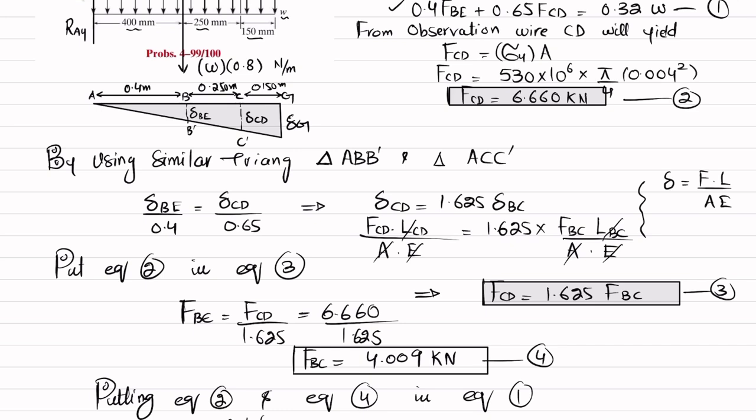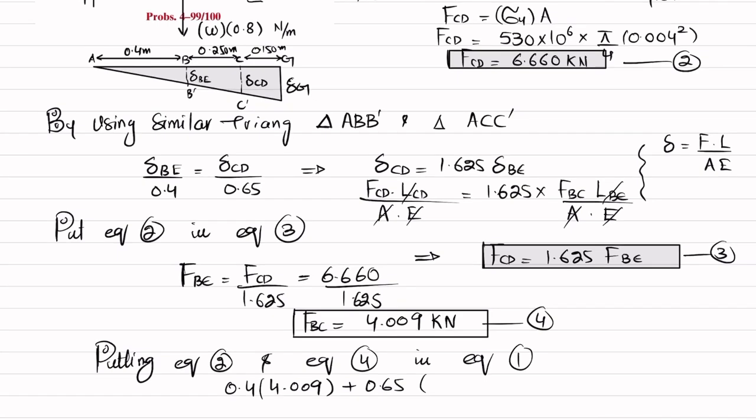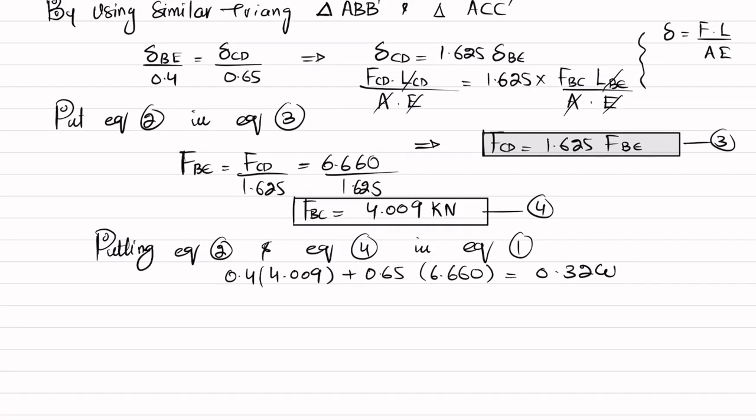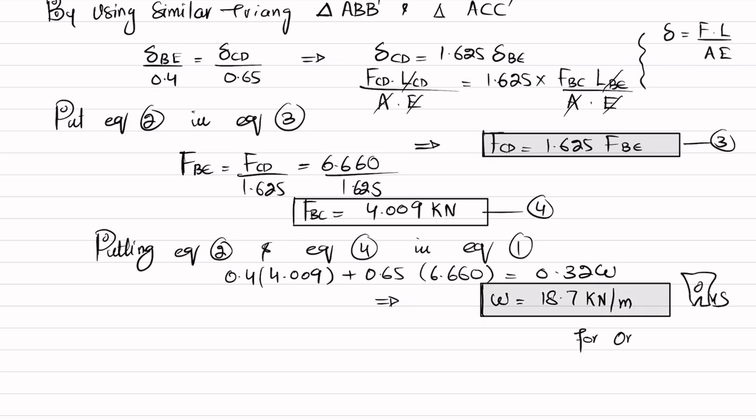This is BE, not BC. So 0.4 times 4.009 plus 0.65 times FCD. FCD is 6.660, is equal to 0.32 W. So from here W will be equal to 18.7 kilonewton per meter. So this is the value of distributed load for one wire to yield.